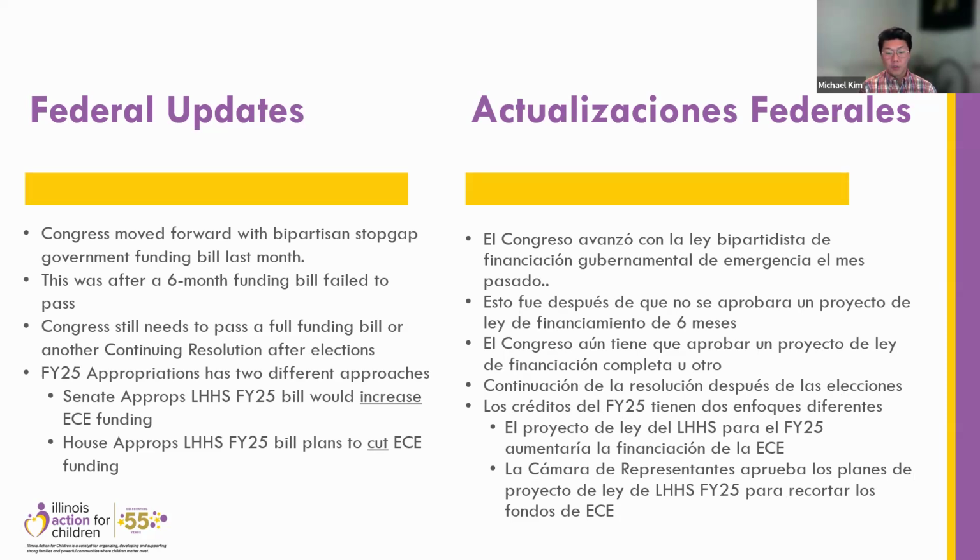It will only be a $25 million increase from the FY24 level for both CCDBG and Head Start. If you have time, I'd recommend that you call your state's U.S. congressional representatives and ask them to support the Senate version of the appropriation bill, because the Senate version gives the money that we need to have enough federal funding to support our programs.